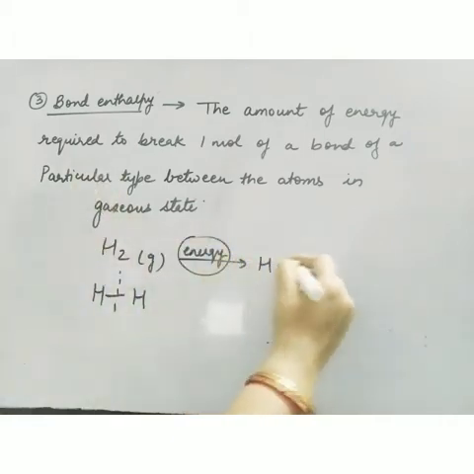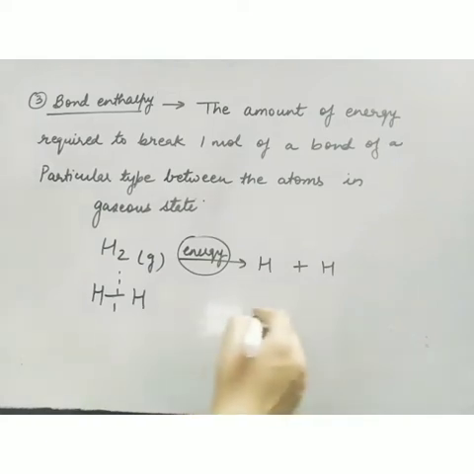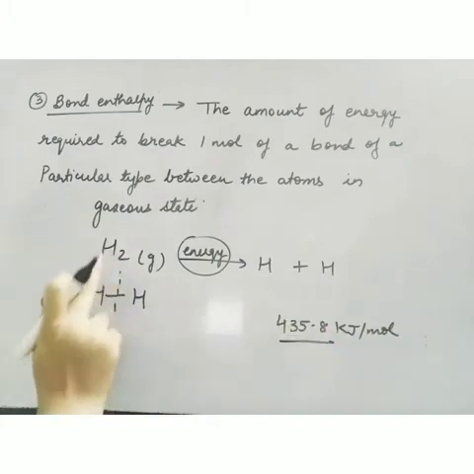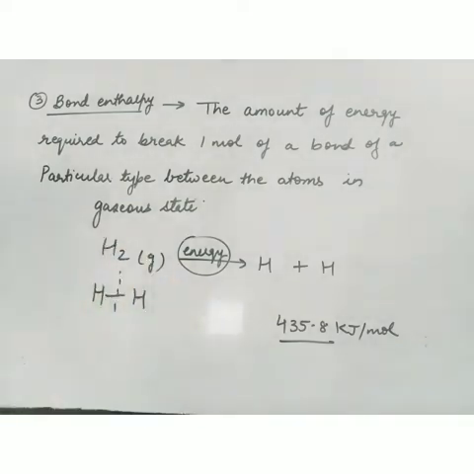So the two atoms will be apart now. Okay, and suppose here the enthalpy is 435.8 kilojoules per mole. It means in order to break this bond I require this much energy, and this is known as bond enthalpy. Stronger is the bond, more energy will be required.